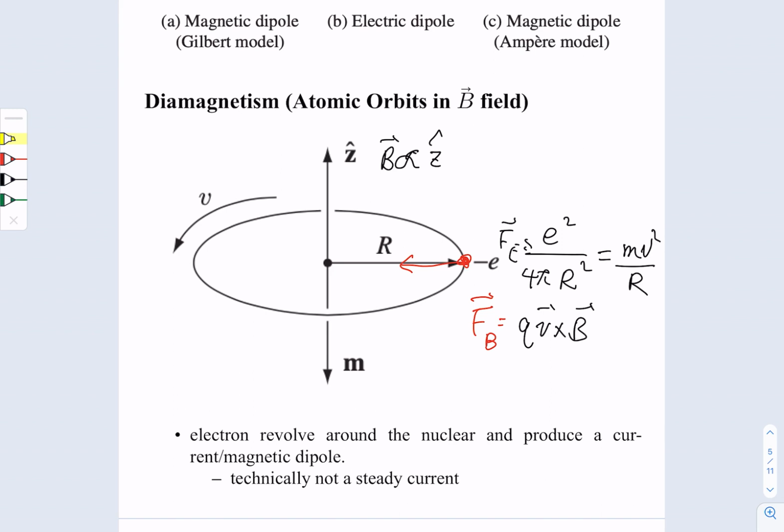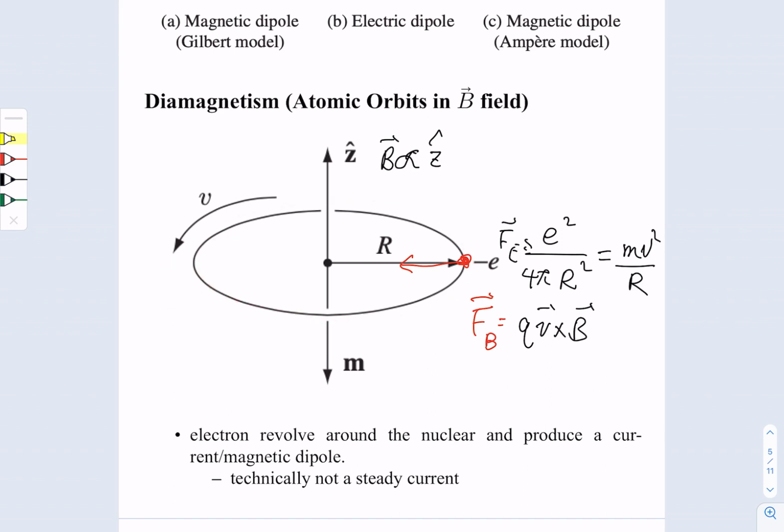Remember that for a material, the direction of the m is random, right? So it can be an arbitrary direction, and for some of the orbitals, it can even be parallel to the z. But for that case, the electron is rotating in the opposite direction, right?